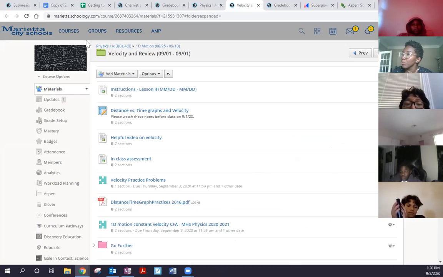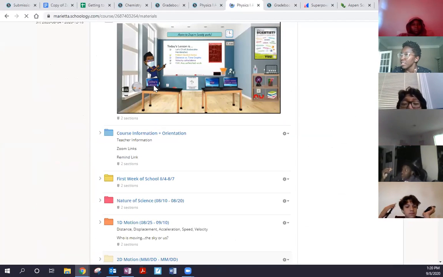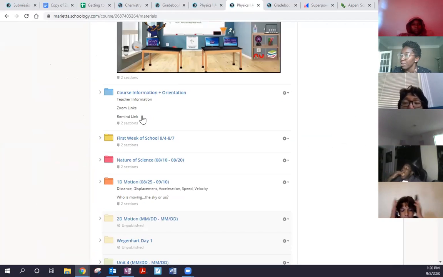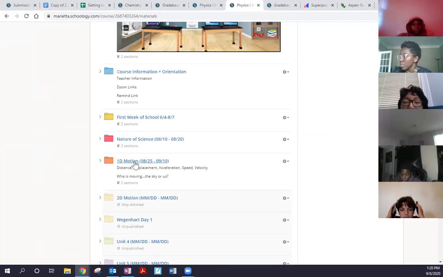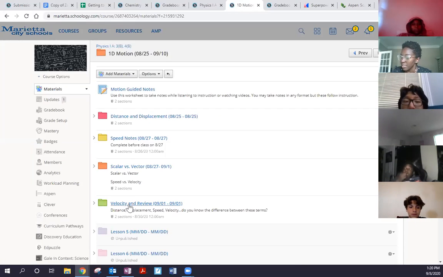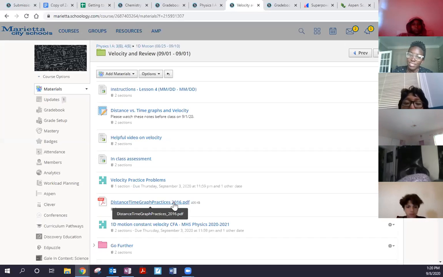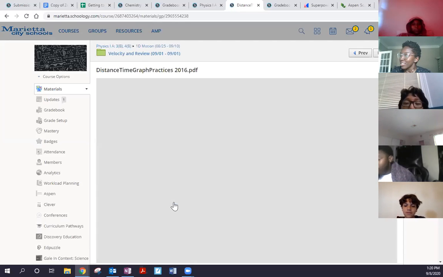If you're going through the folders, you can go to 1D motion, click that, go to velocity and review, click that, and then distance time graph practice. It says 2016, but it still works in 2020. All right, and so we're right here.